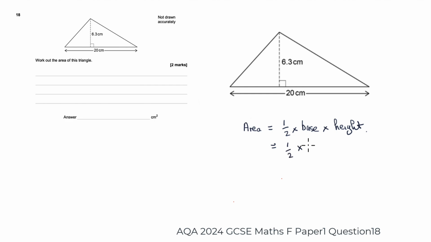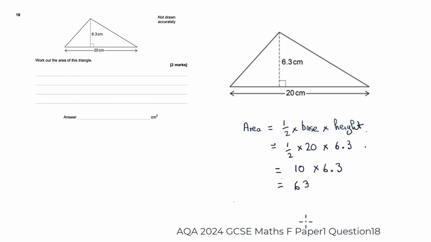Now the base is 20, the height is 6.3. So a half of 20 is 10. And you know how to multiply something like 6.3 by 10. The units become tens and the tenths become units.